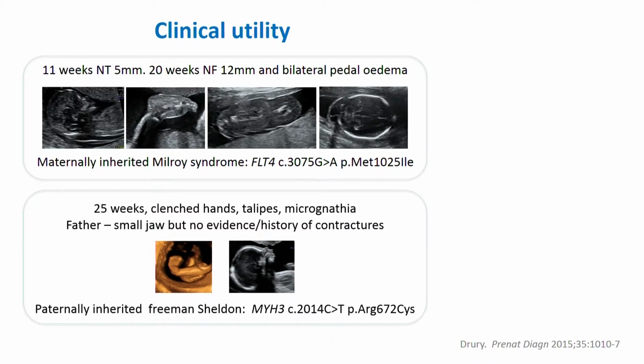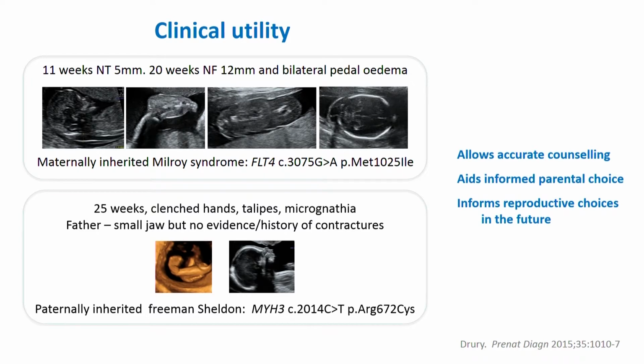So I thought this might be a distal dominant arthrogryposis, but he had no evidence of any contractures, he had no history of any contractures, he just had a small jaw and no other problems. And this indeed was a paternally inherited mutation of Freeman-Sheldon. But again, in both cases, it allowed accurate prenatal counselling, it aided informed parental choice, and in both cases, these pregnancies were continued, and it also informed reproductive choices in the future.